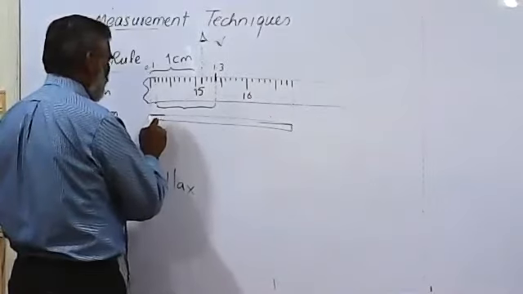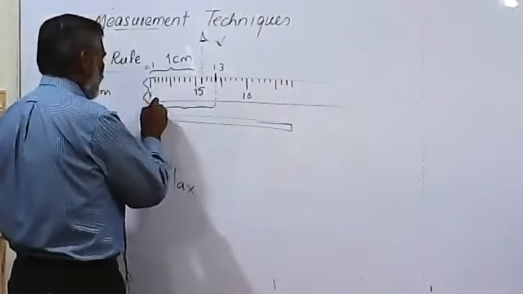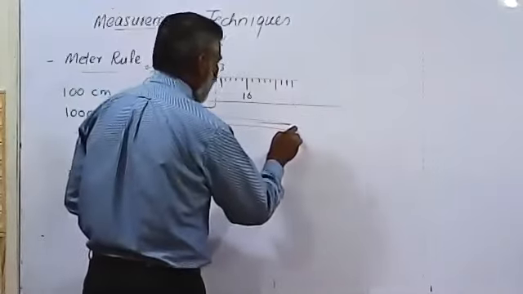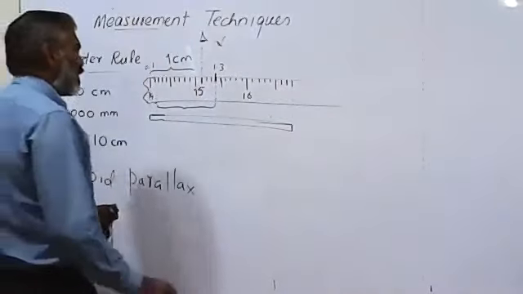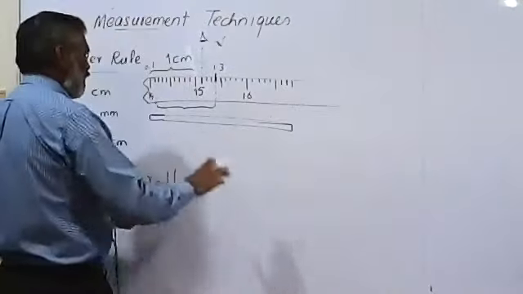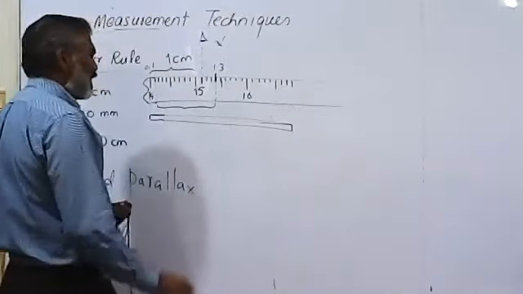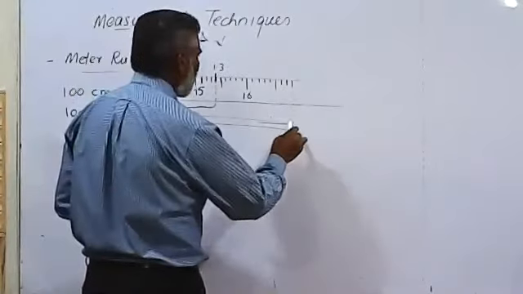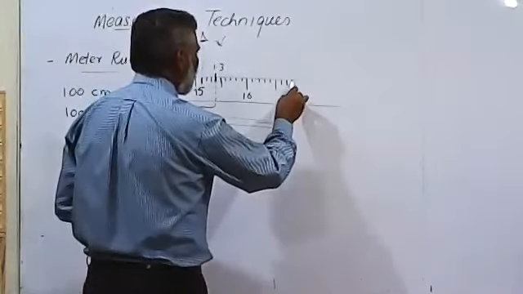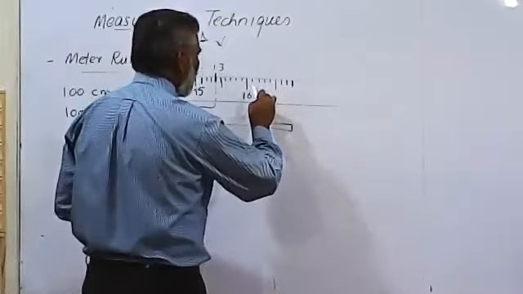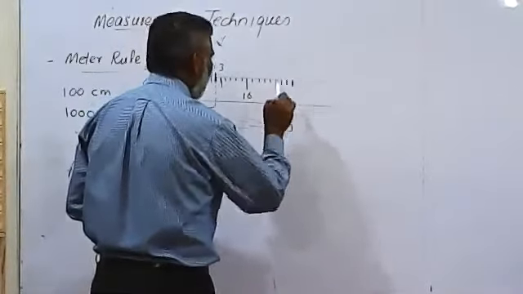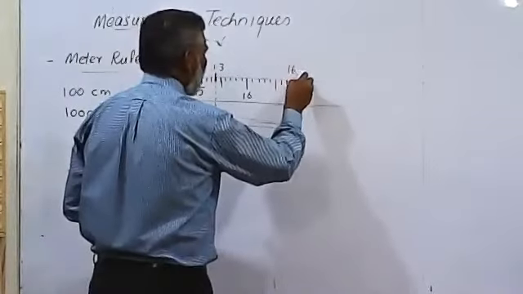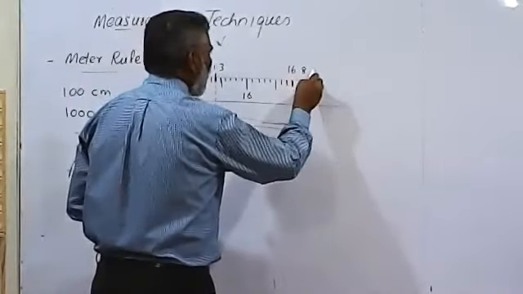So it is starting from 14, and this is where it ends. What is the size of this object on a scale like this? It is 16, 1, 2, 3, 4, 5, 6, 7, 8. So this is 16.8 centimeters.